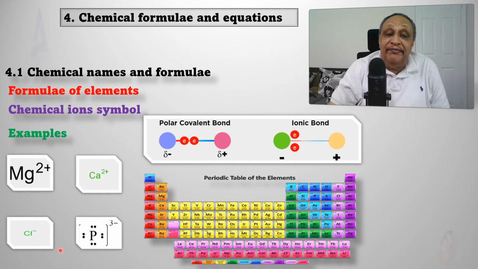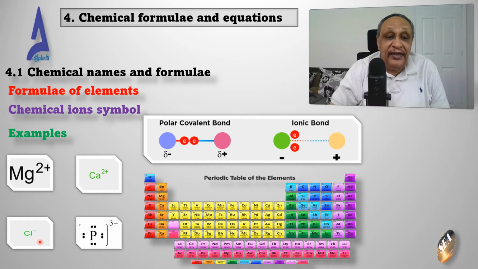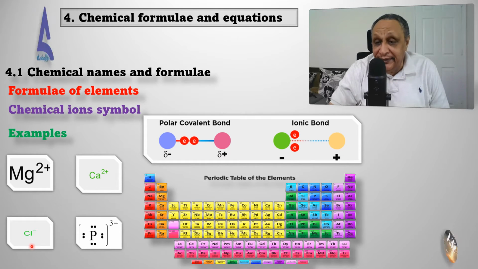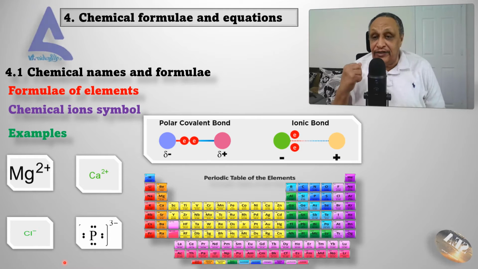Let us go for another thing. Those are nonmetals, which are phosphorus or phosphide and chloride ions. Both of them gain electrons.